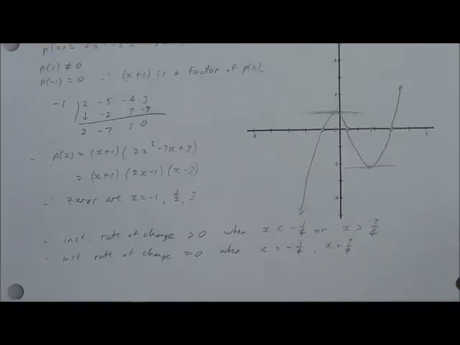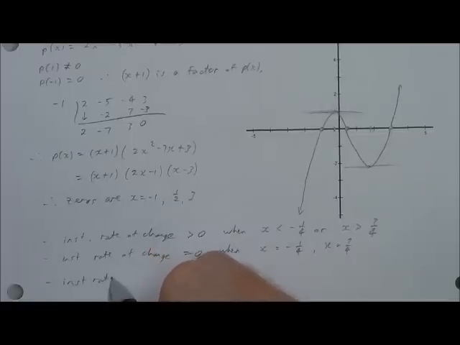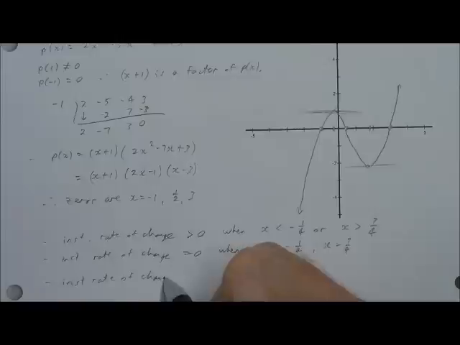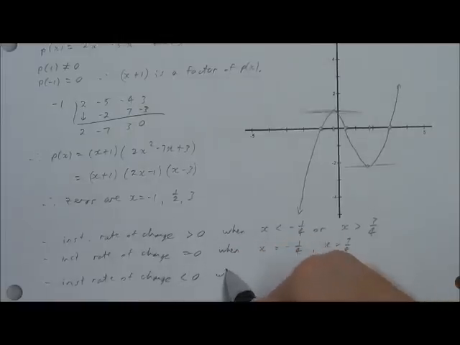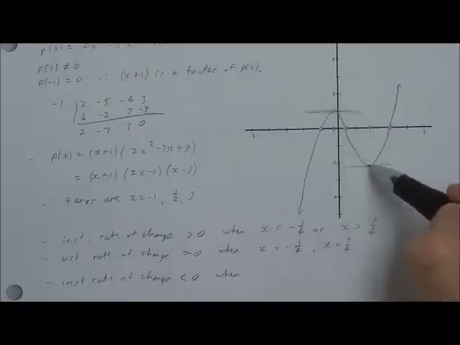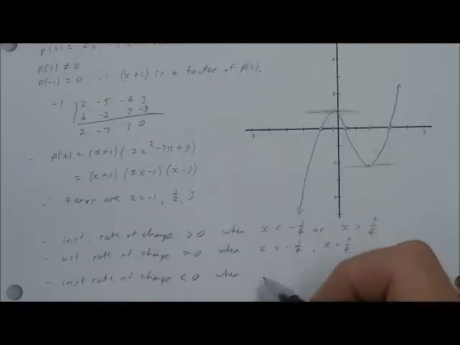Okay, it happens at both of those. And then the instantaneous rate of change is less than 0 or negative. So that would just be in the last interval where we haven't looked yet. So from -1/4 less than x less than 7/4.